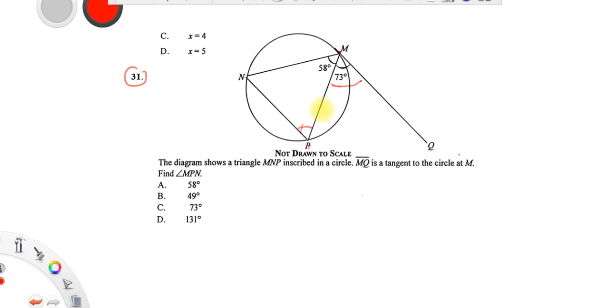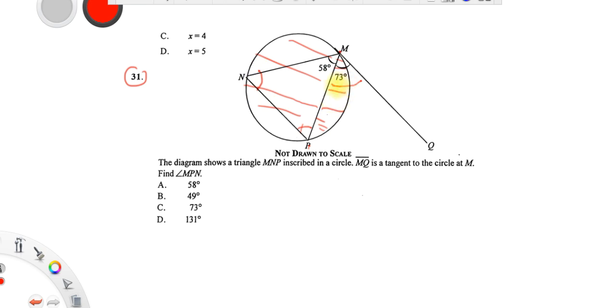This chord is in this segment, and the opposite segment is this bigger one. In the triangle formed with P and M, the angle opposite to this segment is this angle.